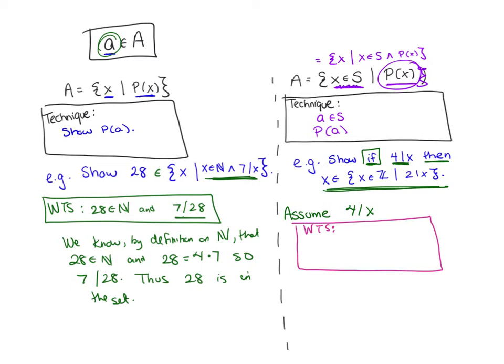So I want to show that x is an element of the set of x in Z. Probably shouldn't use x twice, so let's go ahead and just change that x here to a different letter, just so it's not repetitive. Fix our notation a little bit.